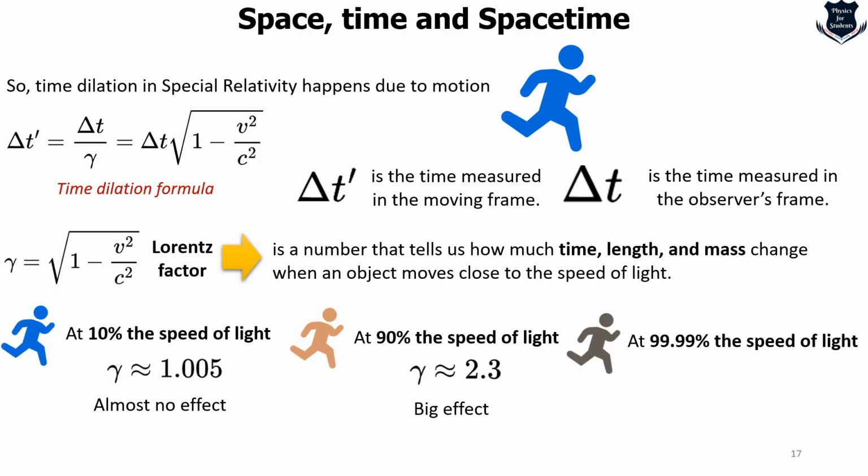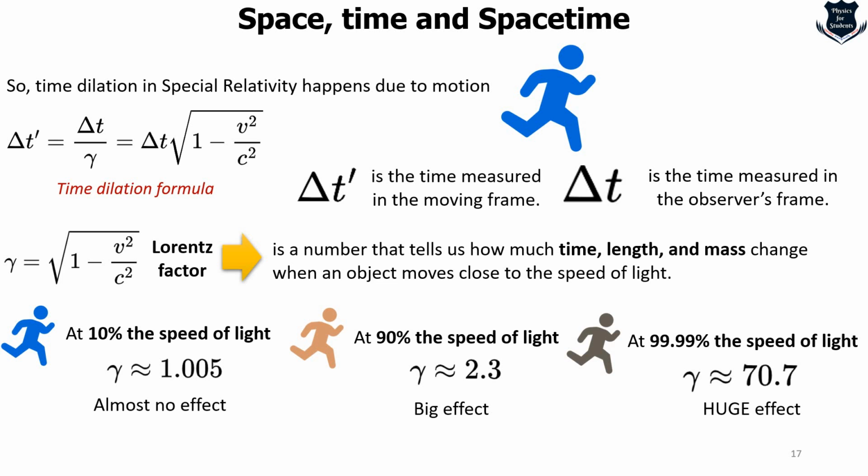And if you're moving close to 99.999999% of the speed of light, the gamma factor is even more. That means the effect is huge. So we have seen how the light clock actually shows that moving clocks run slow, and this is the mathematical calculation using the Lorentz factor, and how moving close to the speed of light the Lorentz factor increases.